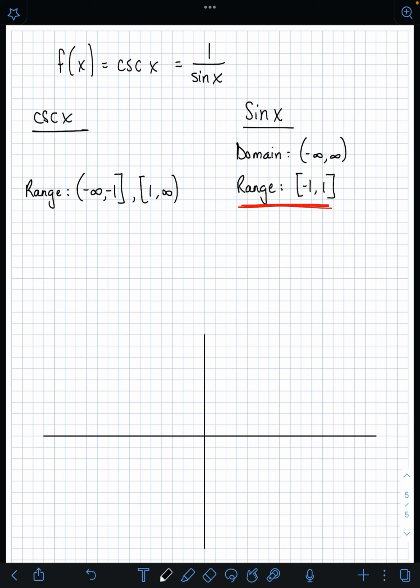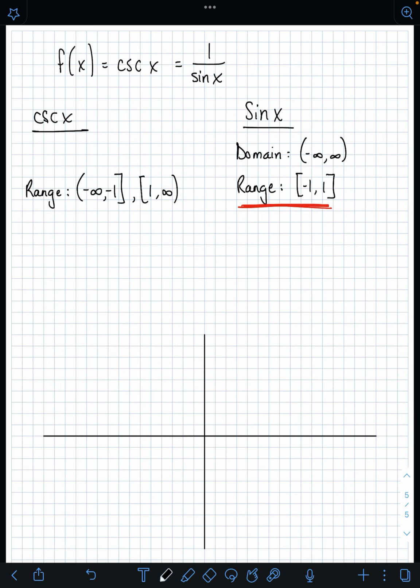Now, as for the domain of cosecant of x, we need to be careful. Sine of x is defined for all real numbers, but at some of those places, sine of x is equal to 0.